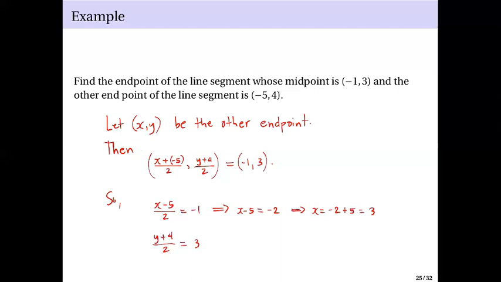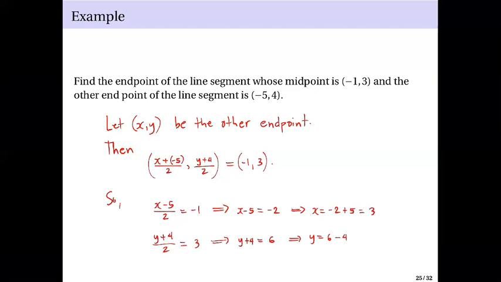And then for the y, same. You multiply both sides of the equation by 2. You will get y plus 4 equals 6. And then this will give us y equals 6 minus 4.